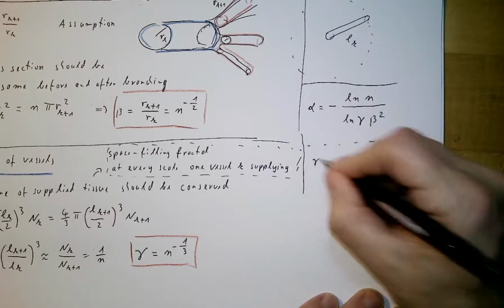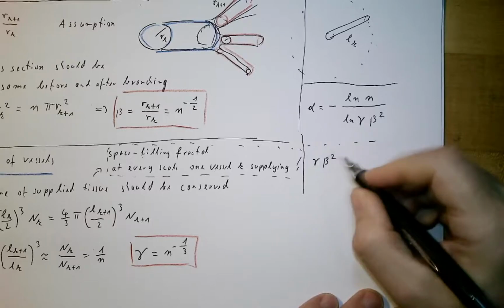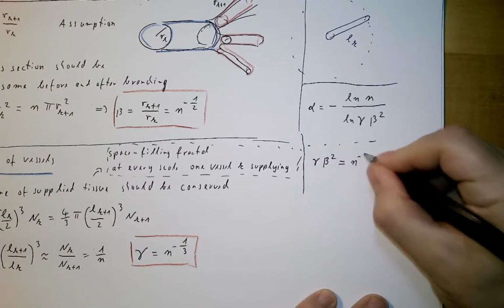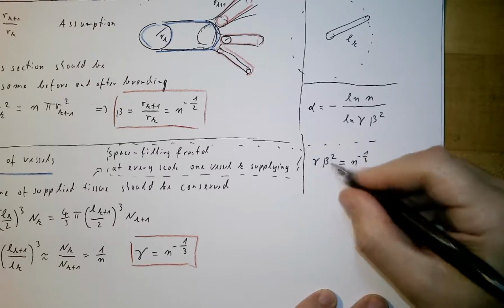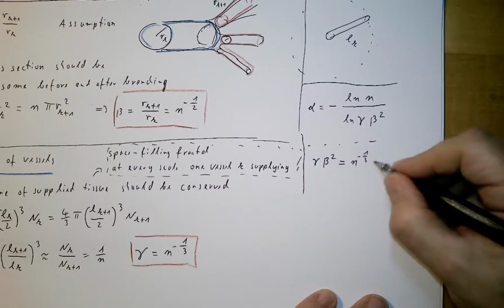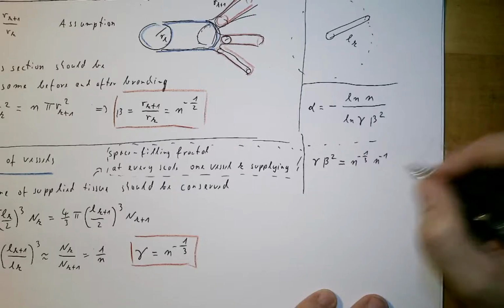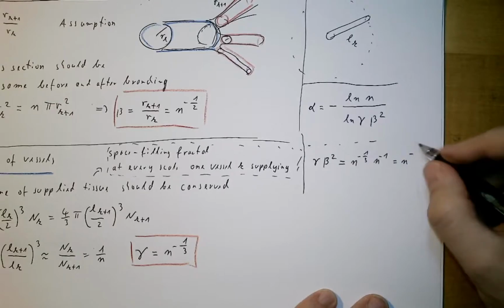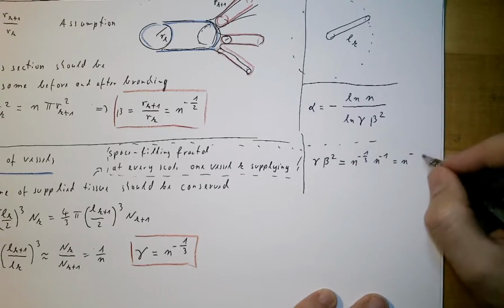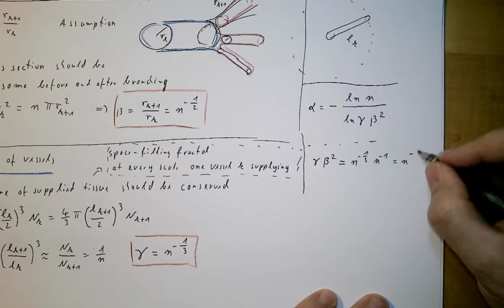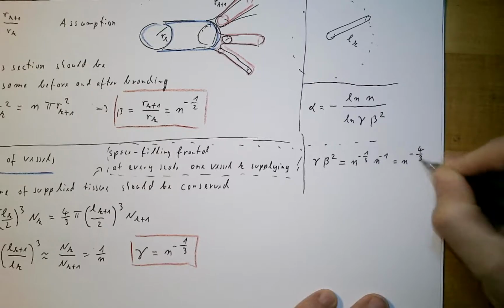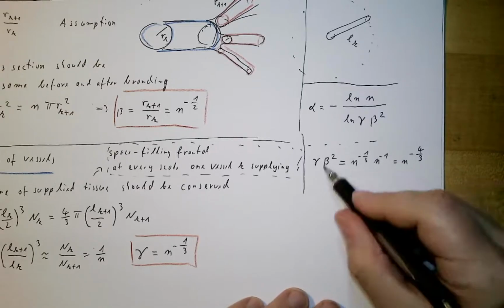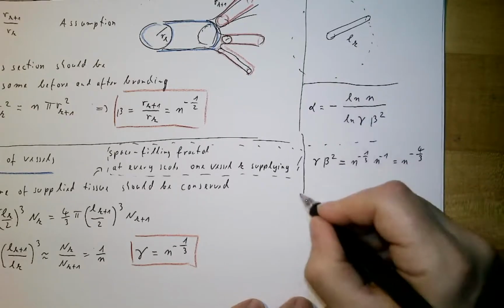So gamma beta squared equals, with gamma equal to n to the minus 1 over 3 and beta squared equal to n to the minus 1, n to the minus 4 over 3. Now we can plug this into the formula.